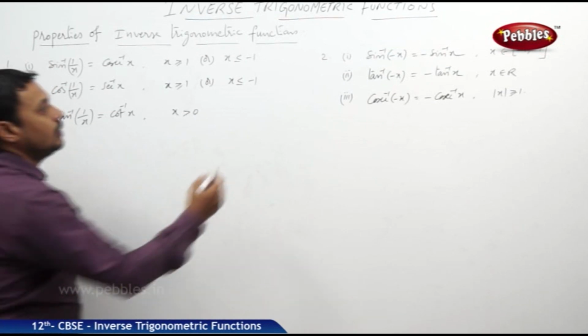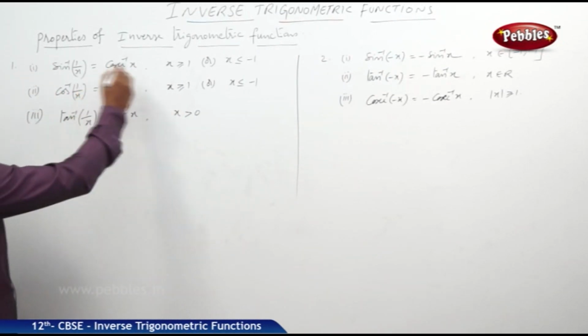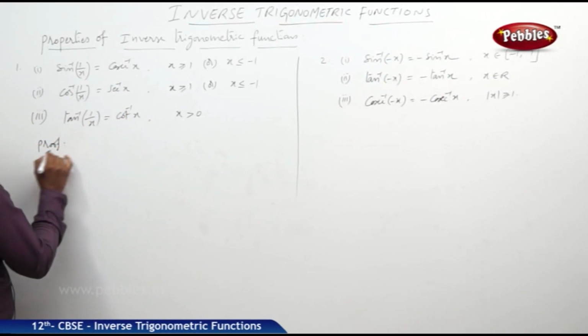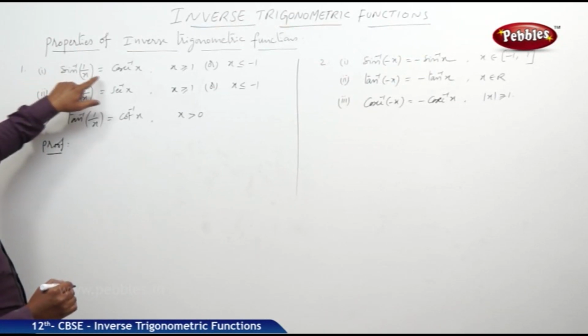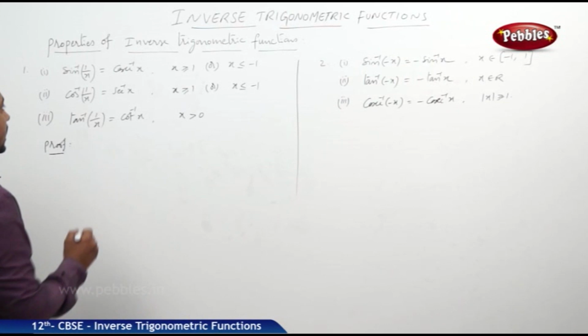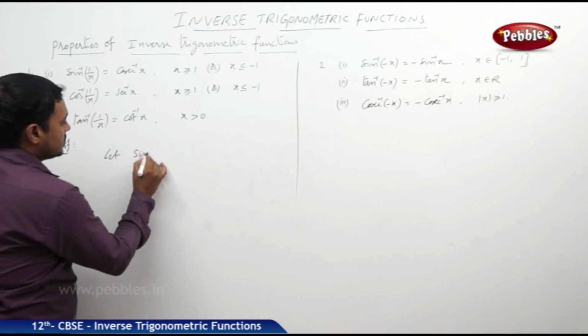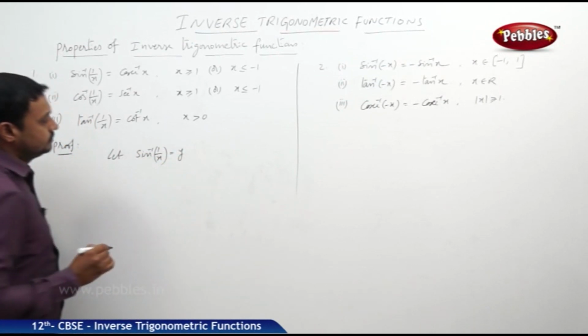First of all, let us prove the first property: sin inverse of 1 by x is equal to cosecant inverse x. Let us consider sin inverse of 1 by x is equal to some y.